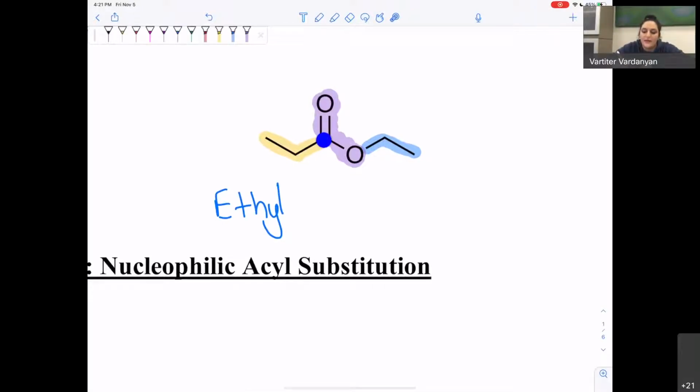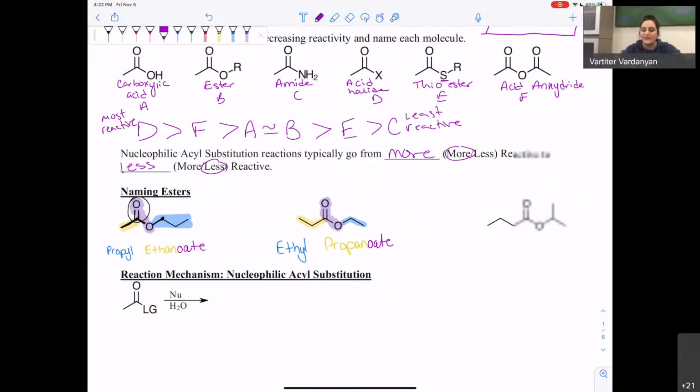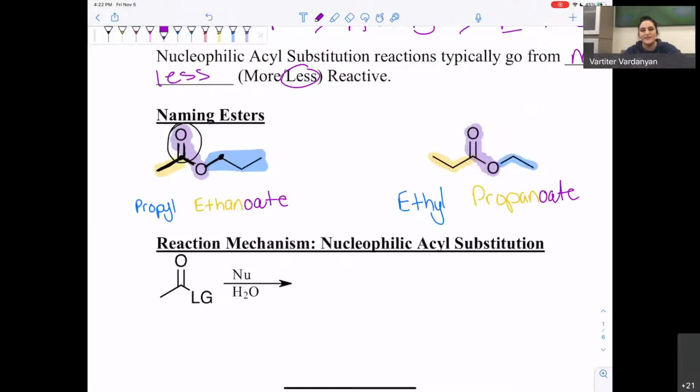And then on this side, we have 1, 2, 3 carbons. So it's ethyl prop, and then the last part, propanoate. So you can see that these guys are opposites because the first one had a propyl attached to the oxygen and an ethyl attached to the carbonyl, whereas this one has an ethyl attached to the oxygen and a propyl attached to the carbonyl.